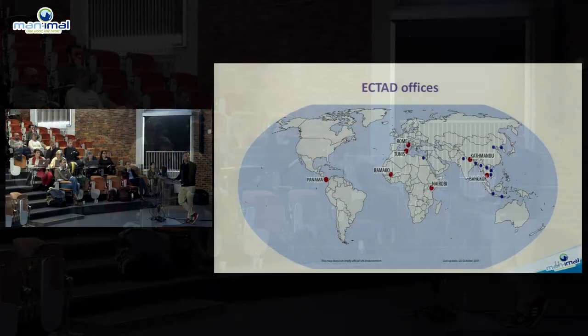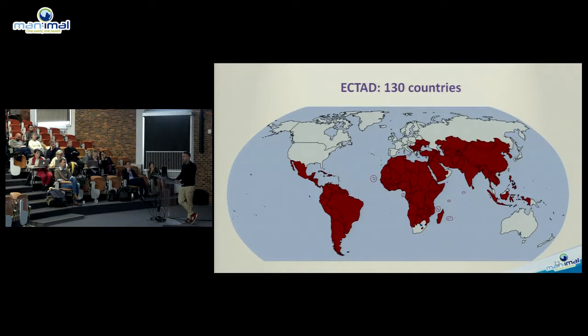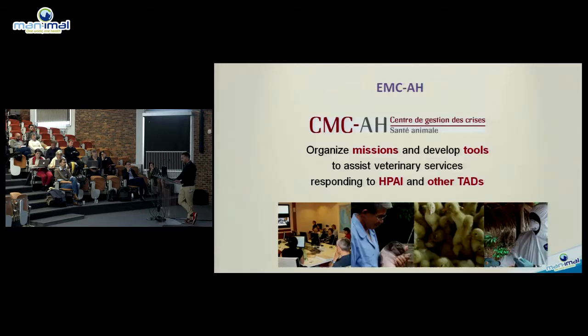Those are the offices in the world. You can see that you have quite a lot of countries covered by those offices, regional or national. And that's the world coverage. Okay? So basically those offices have the responsibility to react when you have a crisis.